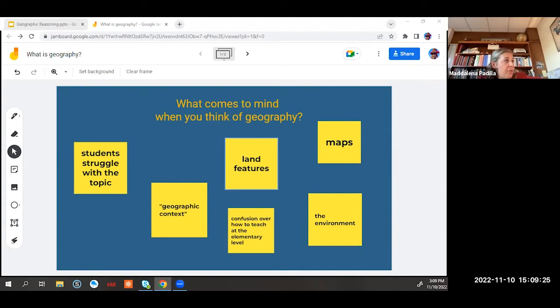But geography, I think in general, is something that students struggle with, but it's so important in understanding history. I always hear that teachers spend time on geography and students constantly forget it. It could be a month later, it could be the next school year. So it's not something that sticks with students.